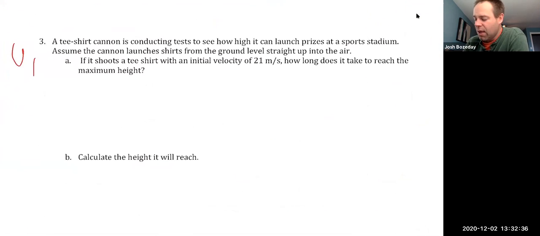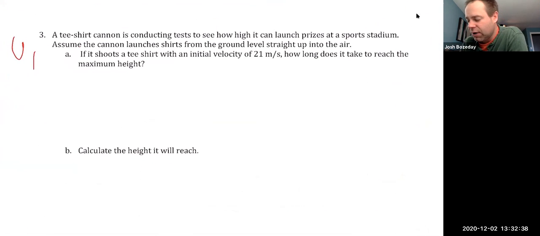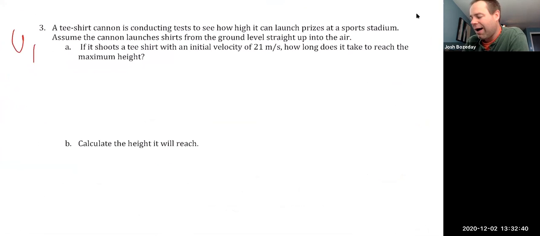So I look at the problem and I read it again. A t-shirt cannon is conducting tests to see how high it can launch prizes at a sports stadium. Assume the cannon launches shirts from the ground level straight up into the air. If it shoots a t-shirt with an initial velocity of 21 meters per second, how long does it take to reach the maximum height?